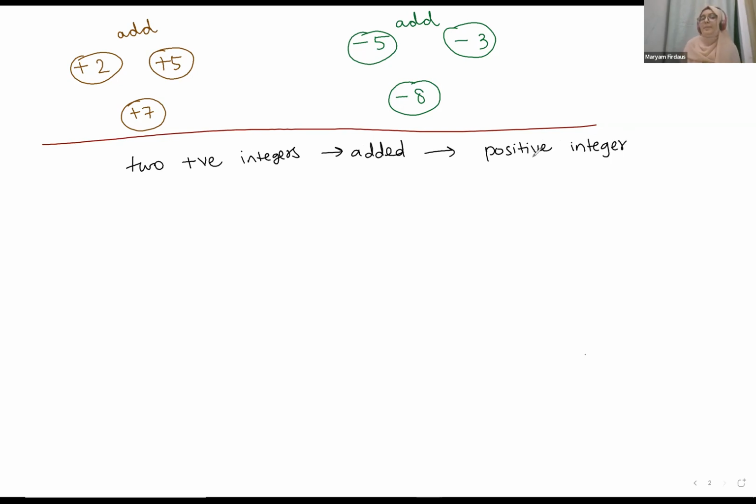Can you give me examples? Give me any two positive integers, add them, and tell me whether the result is a positive integer. Okay. Can I do it and then tell you? Yeah, sure.